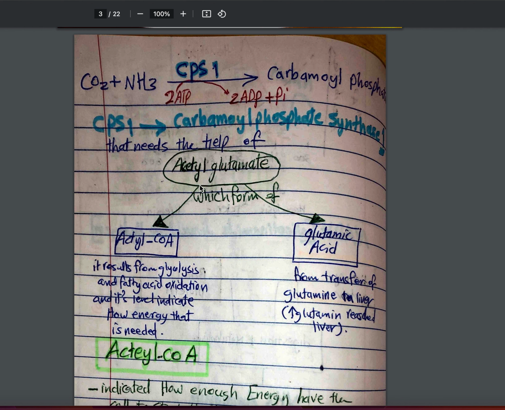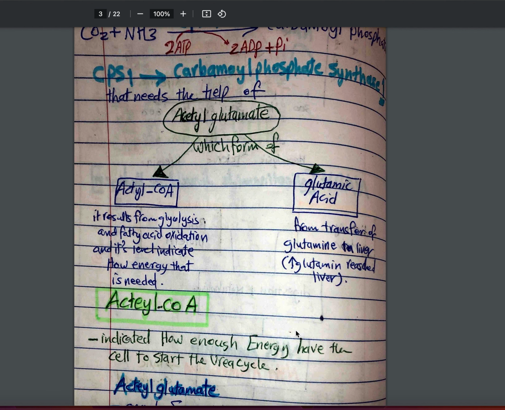The glutamic acid comes from the transfer of glutamine to the liver. The liver also produces glutamine, so a large amount of glutamine is released from the liver.